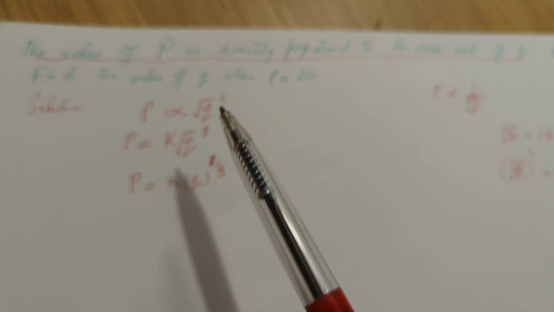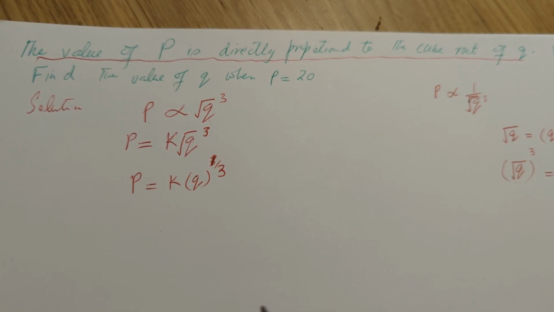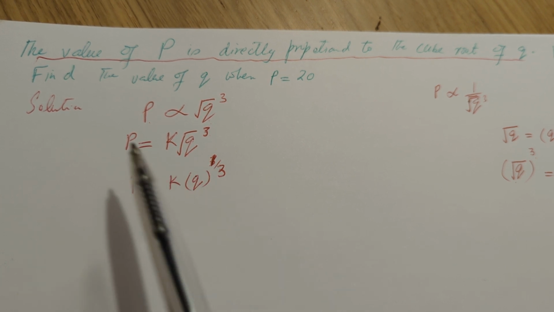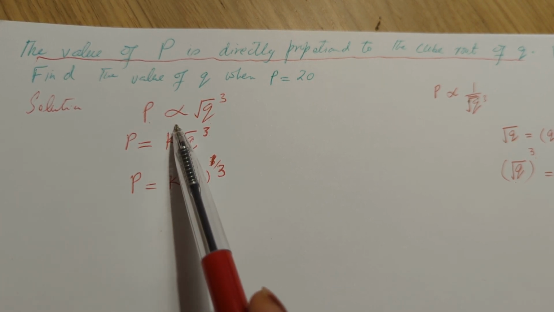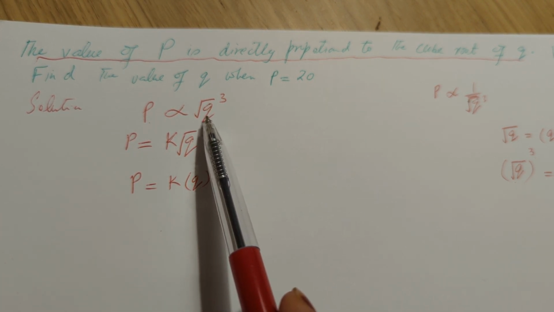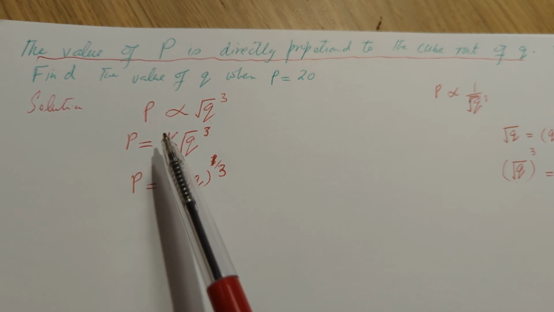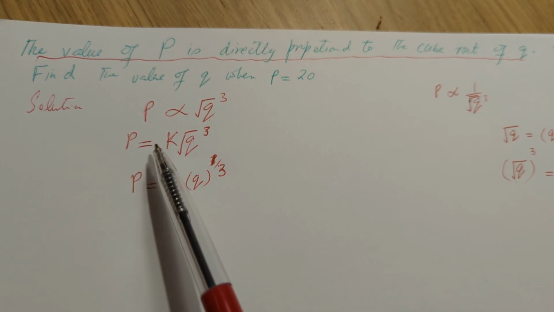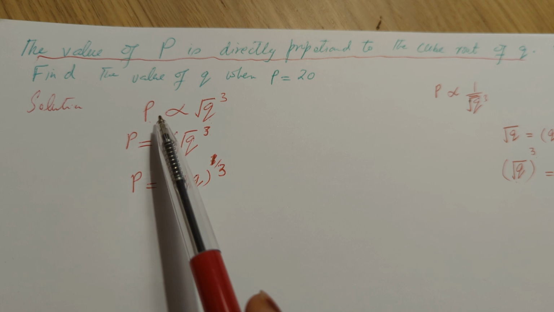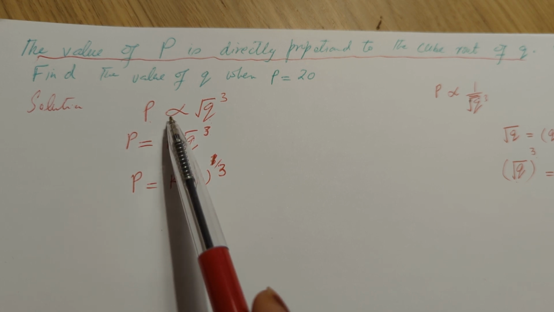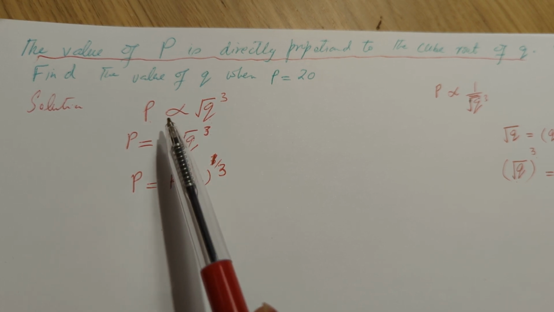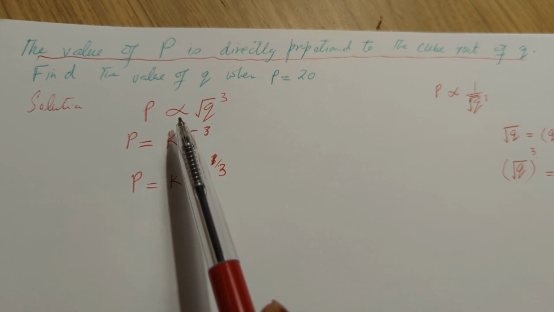Next step is that the value of p is directly proportional to the cube root of q. So p is directly proportional to cube root of q, which is written as q under root 3. And when we have to write it in equal to form, this proportional sign will be changed into the constant of proportionality.